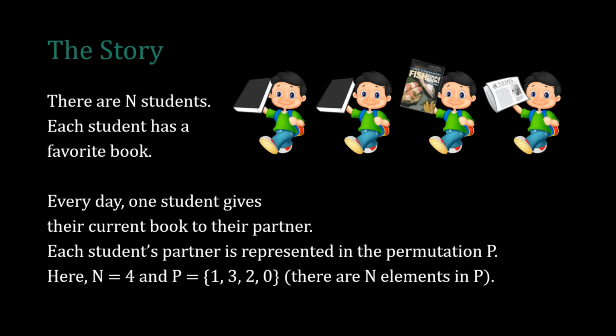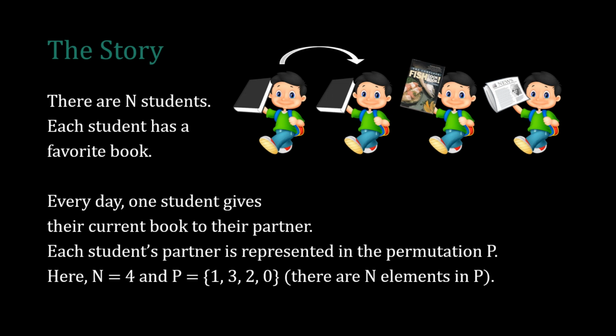And the permutation means that, for example, the first element is 1. We count from 0 to n minus 1, so that means that the first person is 0, then the second one is 1, then the third one is 2. So the first element is 1, which means that the first student gives his book to student number 1 the next day.